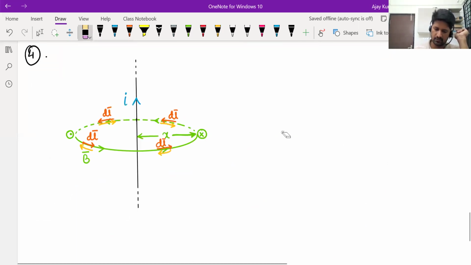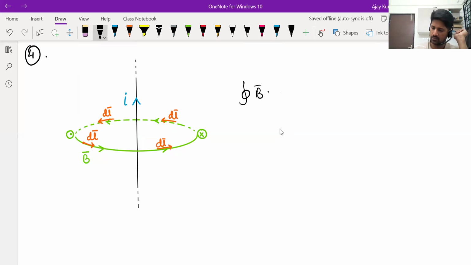If you take a closed path around this current, which is in the same sense as the magnetic field, you know closed integral B dot dl over that complete path is mu naught into I. Okay. Suppose I ask you to take integral B dot dl only from here to here, only over half the circle.